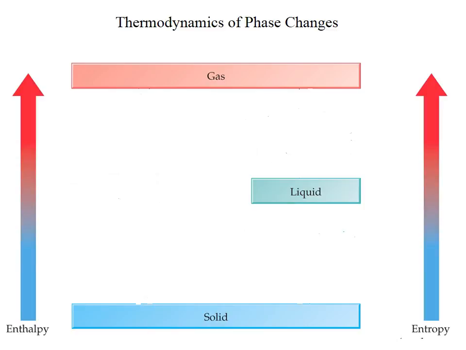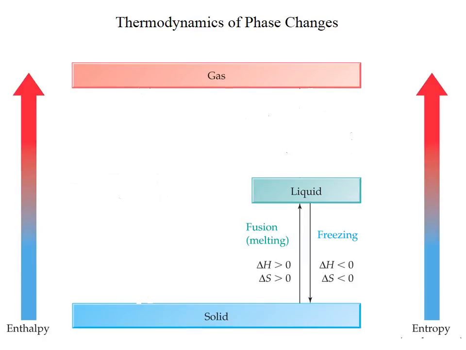So now that we've looked at phase changes more in detail and looked at the thermodynamics of phase changes, this is just a little bit more of the image from your book. A reminder that converting a solid to a liquid is called fusion or melting, and that going in the reverse direction is called freezing.